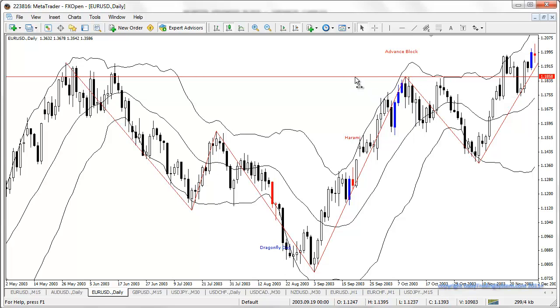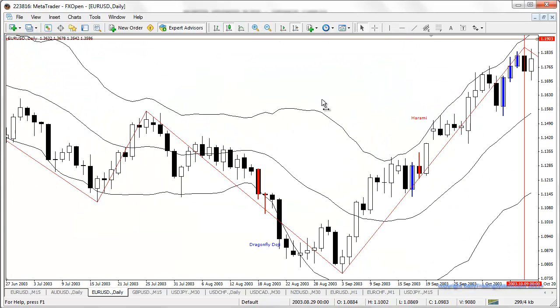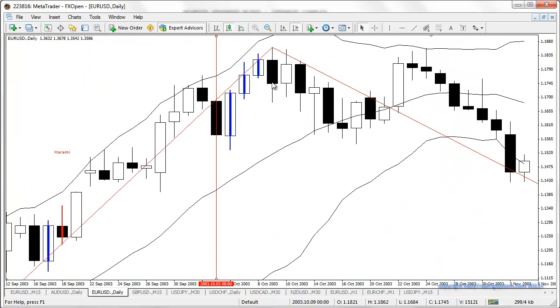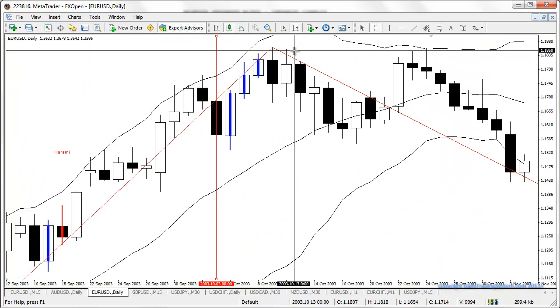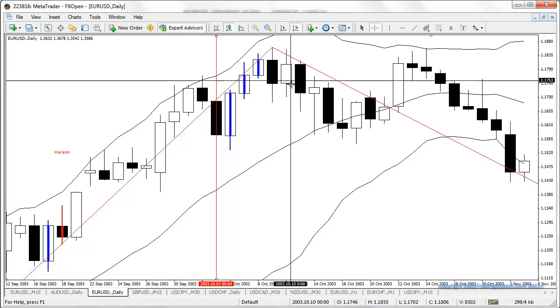But what I would be more concerned about, if we just zoom in on that candle right there, is where it actually closes. And you can see that this bar right here is a little bit lower than that bar. It's not a great deal lower, but it still suggests that the next candle is going to come down lower as well.